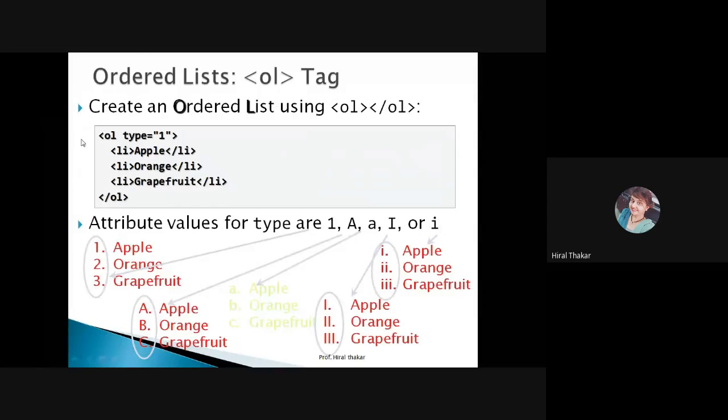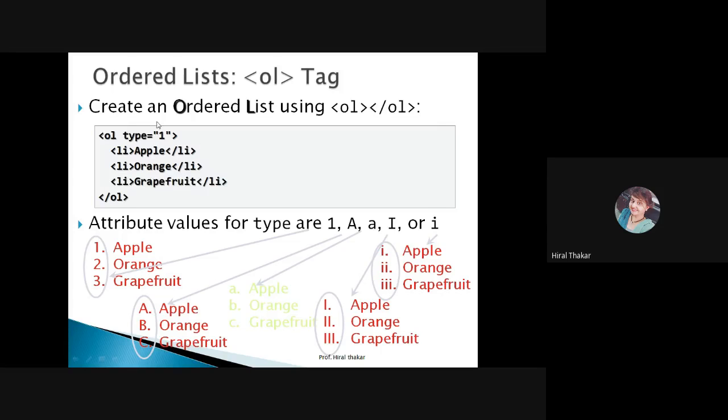I was just explaining that ordered list will have one attribute, the type attribute. Here you have to write the value of that attribute. The value can be a number, it can be an alphabet, and you can write Roman numerals as well.